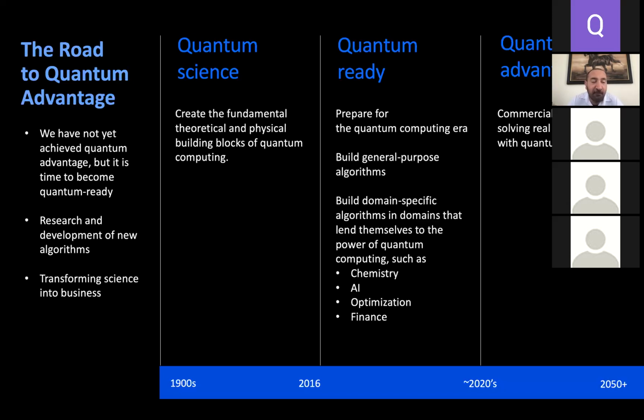However, there is a lot that we can do. It's time to do research and to develop new algorithms. And it's also a time in which a lot of companies are doing experiments on quantum computing. But maybe it's also a time in which these experiments can become more than just a simple experiment.